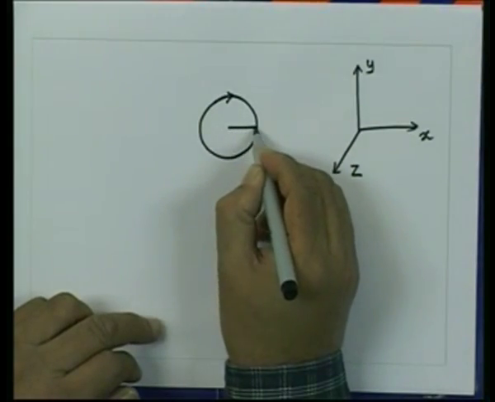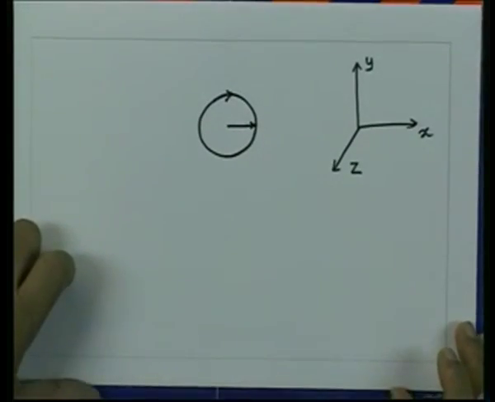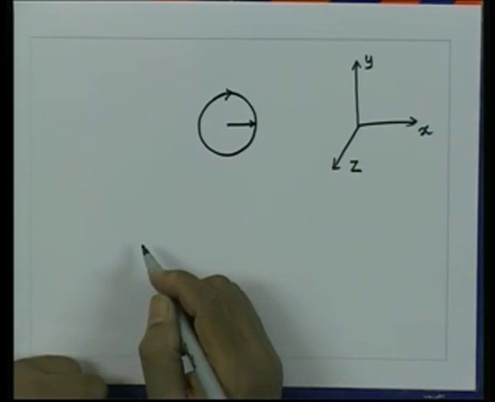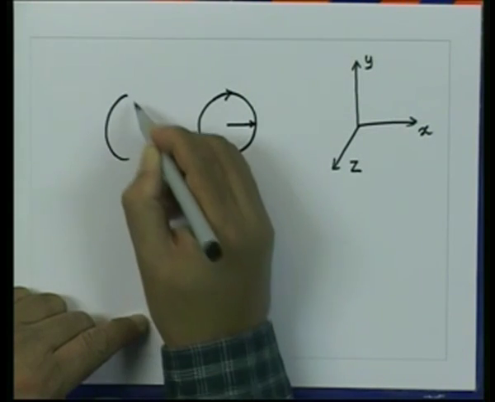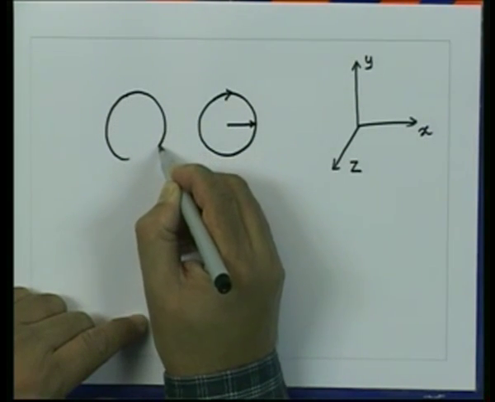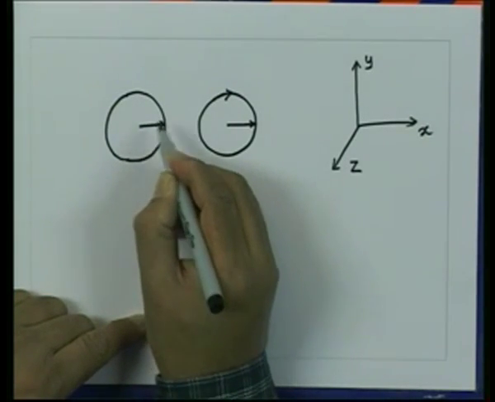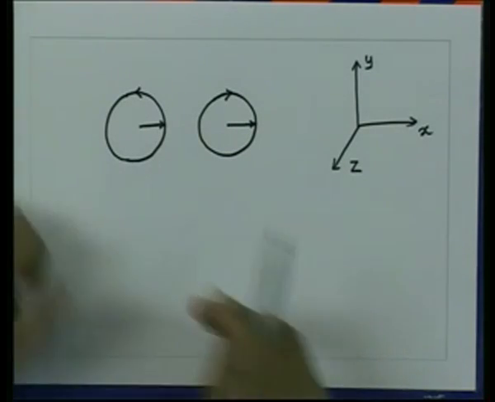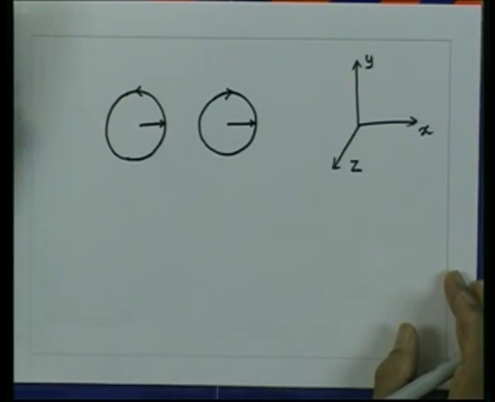So, I have an electric field which is now rotating in the clockwise direction, which will represent a left handed polarized wave. Similarly, if I consider a wave of unit amplitude whose vector is rotating in the anti-clockwise direction, that will represent a circularly polarized wave with unit amplitude with right handed sense.